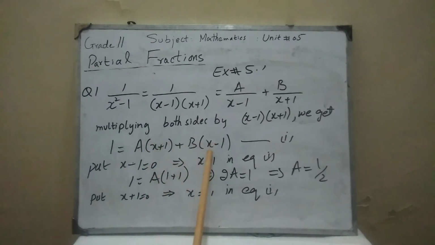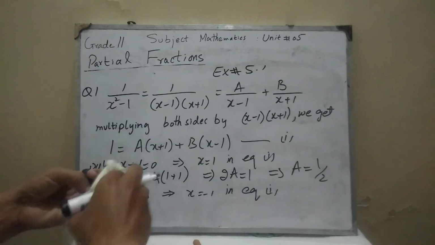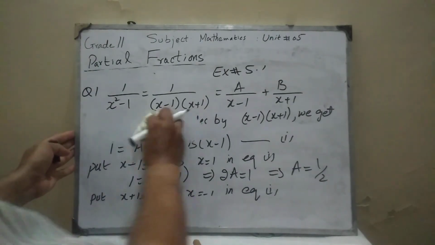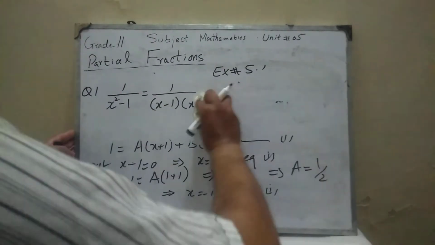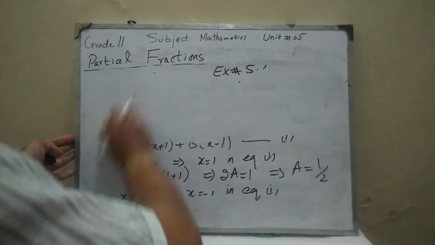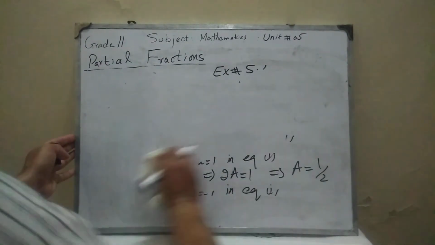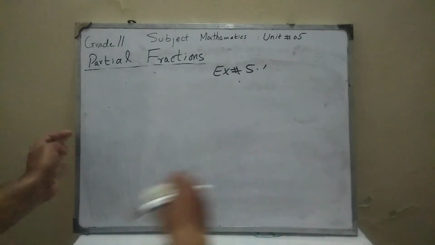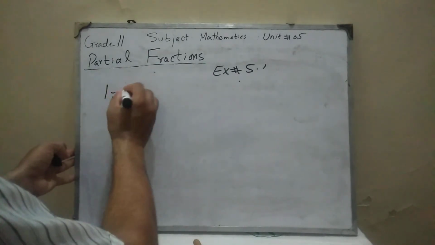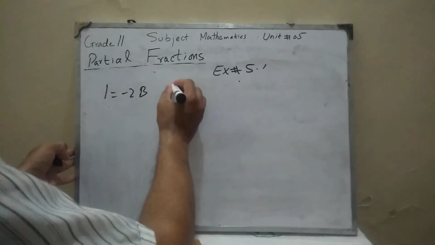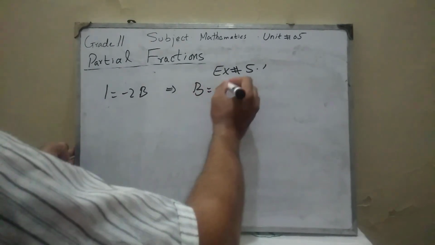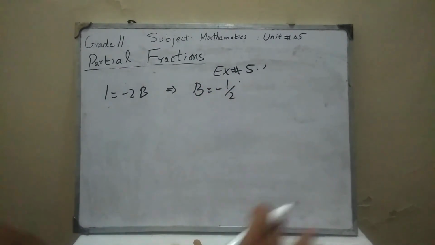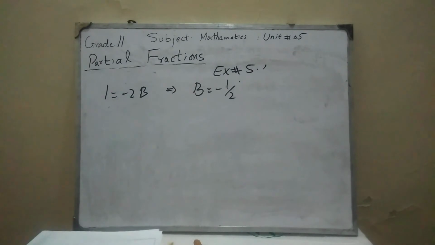We have only left 1 equals minus 1 into minus 1, that is minus 2b, or which can be written as b equals minus 1 by 2. So we find the values of a and b.